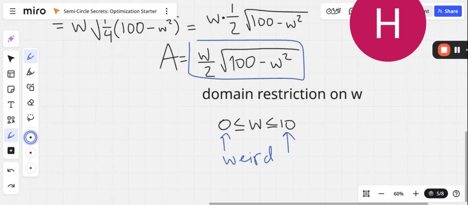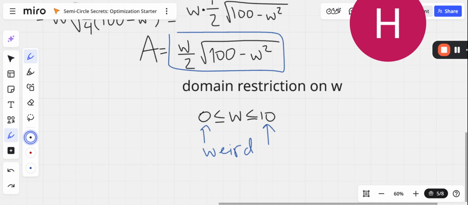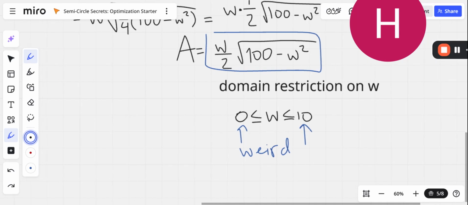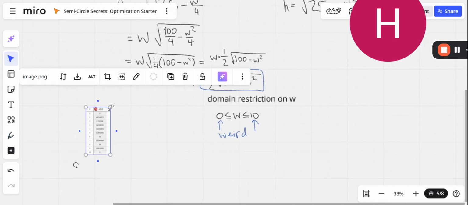This gives us some reasonable values to try to plug in order to see what the area is. And in fact, I've used Desmos. You can use Desmos or any calculator. You can plug in values for yourself. You can plug in whole numbers, 1, 2, 3, 4, 5, 6, 7, 8, 9, 10, which is what I've done here.